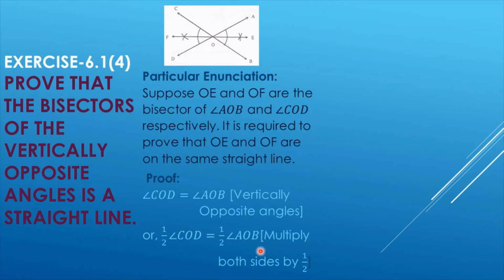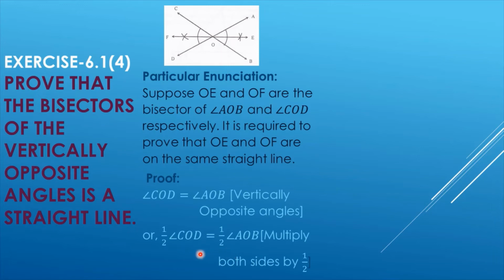This is the rule of the equation, my dear. If we multiply or divide or add or subtract on any side, we have to do the same thing on the other side also. So if we multiply by 1 by 2 on the left side, we have to multiply by 1 by 2 on the right side also.